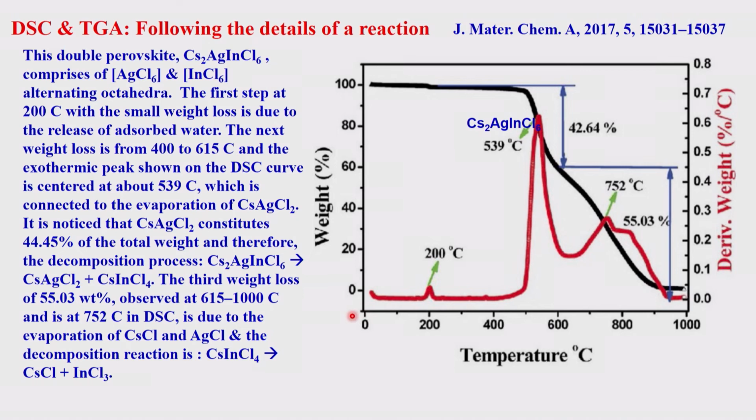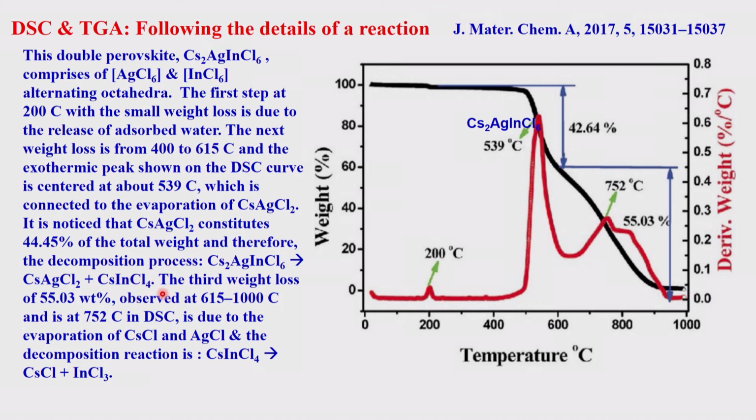So, what is happening in that particular range? You have the disintegration of the original compound, Cs2AgInCl6, going to CsAgCl2 plus CsInCl4, of which CsAgCl2 is the one which already sublimes, which already evaporates. So, this is gone, and what is there?